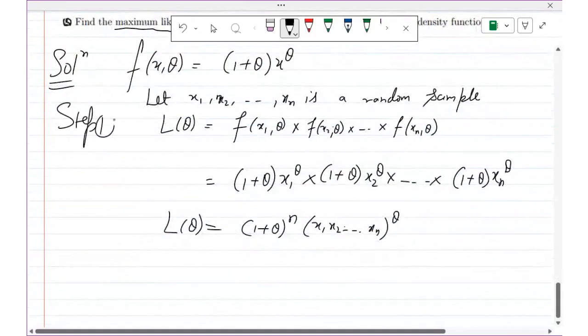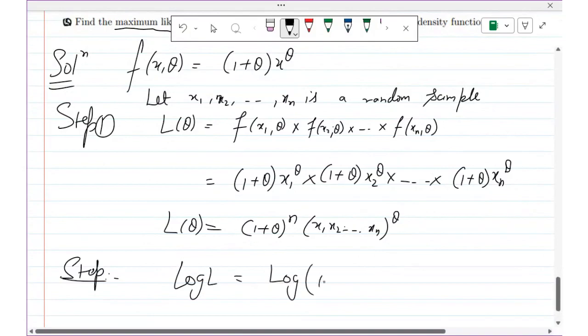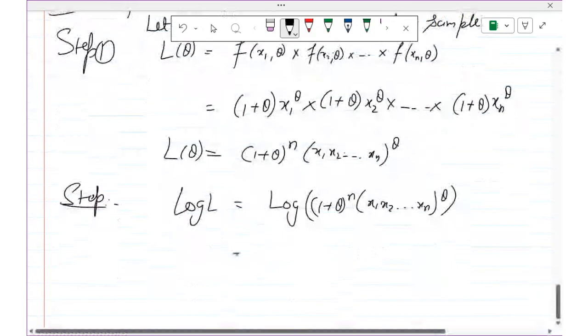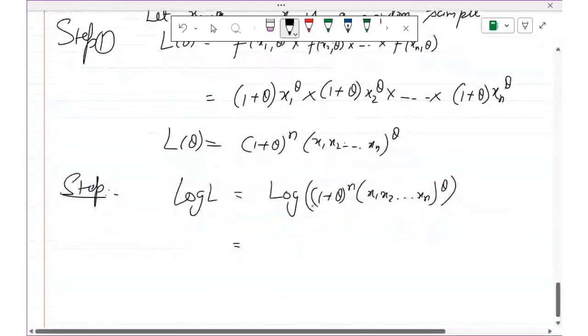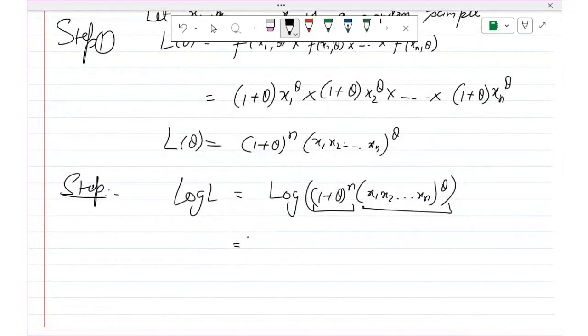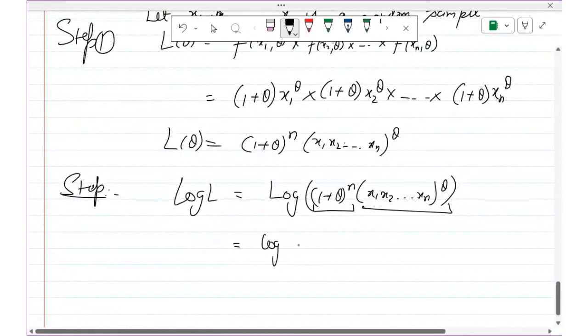Now we will do step 2. In step 2, we have to take the log to simplify this. Log of L is equal to log of 1 plus theta raised to power n, into x1 into x2 and so on into xn raised to power theta. First apply log of m into n, which is log m plus log n.